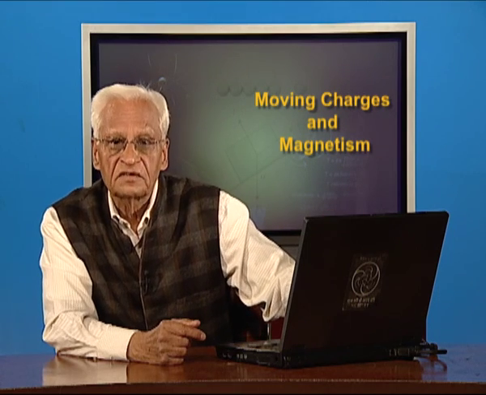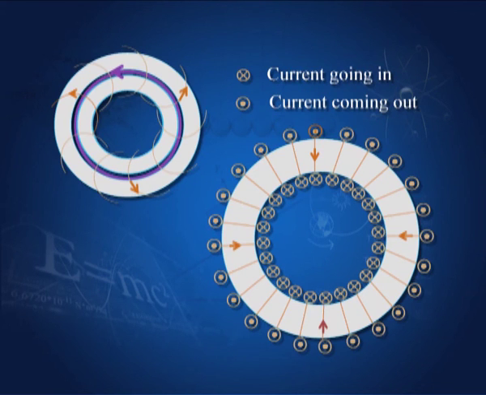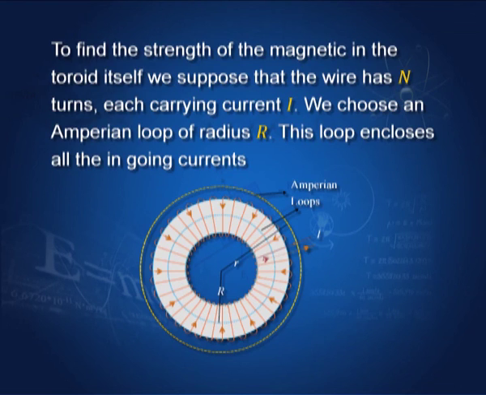To find the strength of the field, I take an Amperian loop within the toroid of radius capital R. Then what happens? Within this circle of radius capital R, only the ingoing currents are included. The outgoing are not included. Therefore, once again, because of symmetry, the magnetic field must be along this loop.